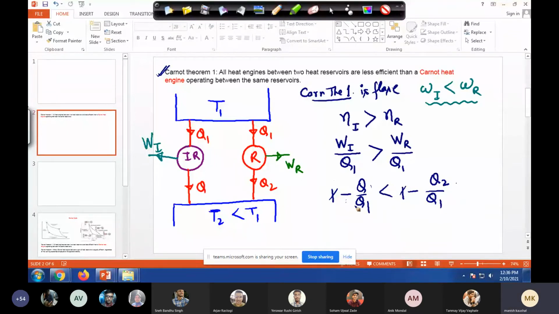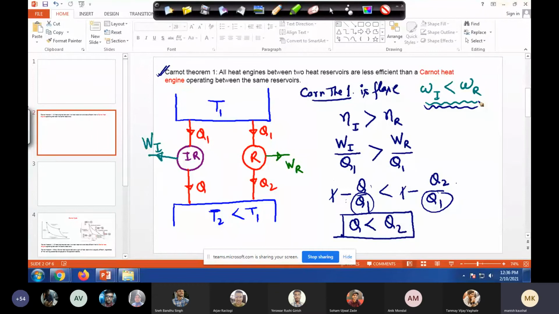So this Q1 gets cancelled. Okay, what we get is Q is less than Q2. Okay, fine. Q is less than Q2. Okay, and we already have this Wi is greater than Wr.